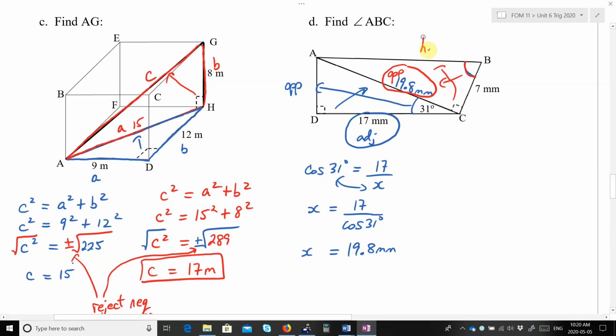Across from this 90 is the hypotenuse, so this must be adjacent. Okay, so we're going to be working with opposite and adjacent. That comes from tan. And we want to find the angle ABC. We don't have a label for it. Maybe we'll call it alpha. Tan alpha equals 19.8 over 7.